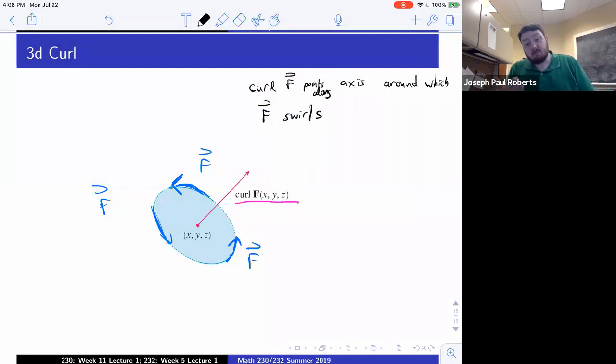The length of it is sort of how much of the swirling there is, and whether it's this way or that way is sort of the right-hand rule. So curl your fingers around the swirling direction, and your right-hand thumb will point that way.